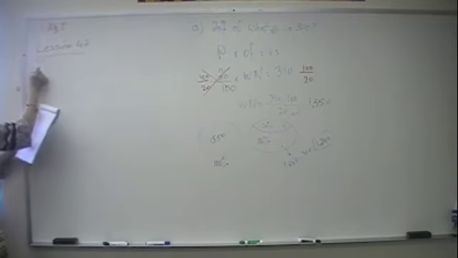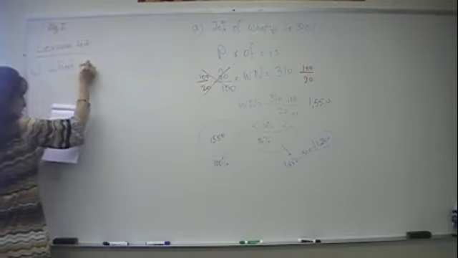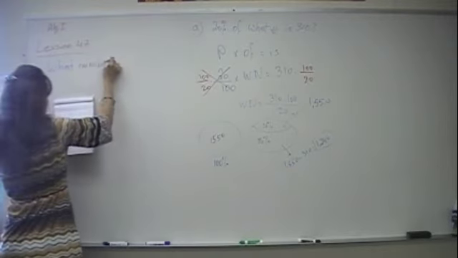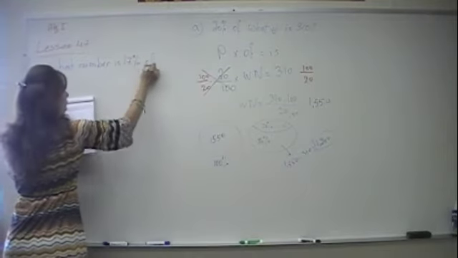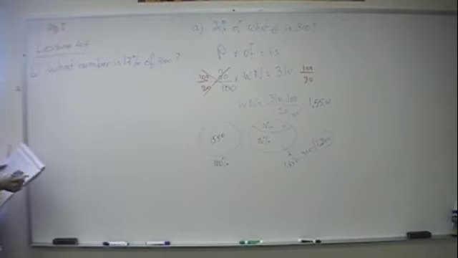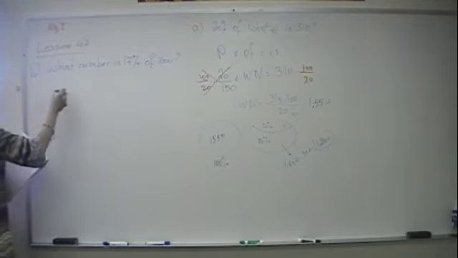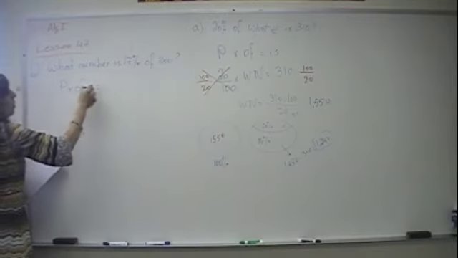Letter B, what number is 17% of 300? So we're going to do p times of equals is.